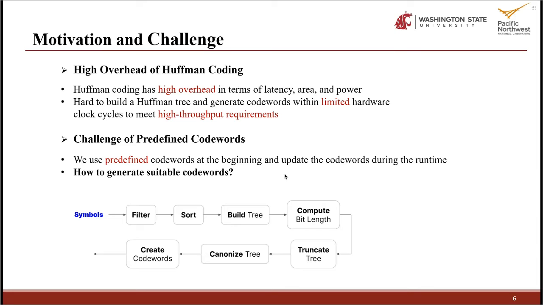So we decided to use predefined code words at the beginning and update the code words during runtime. But then it brings another challenge: how to generate suitable code words to cover the features of one scientific data set.